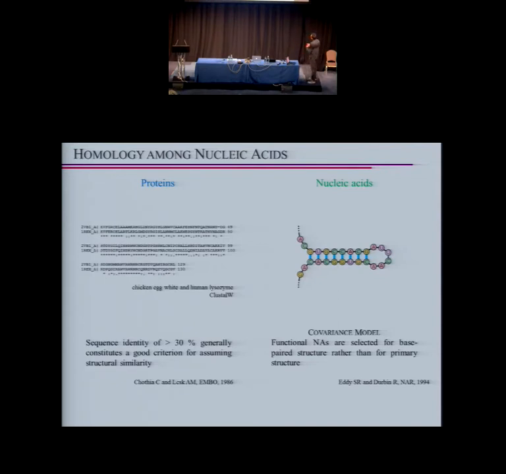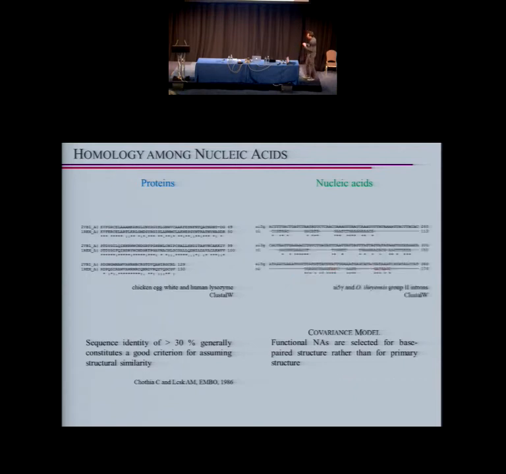And as I mentioned, the common secondary structural element of nucleic acids is the base-paired helix. So you can easily understand that if evolutionarily one nucleotide on one helical strand varies, and the opposite, complementary nucleotide varies correspondingly, then a lot of sequence divergence is introduced, but the structural element is maintained. That's why this covariance model needs to be considered.